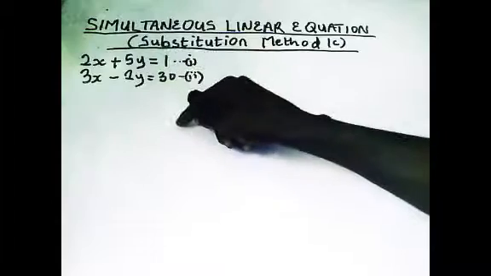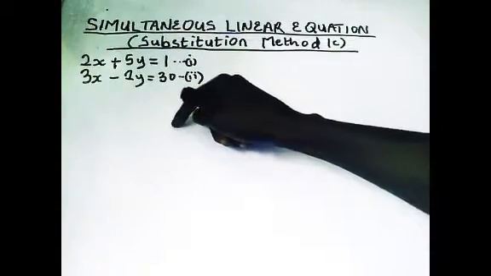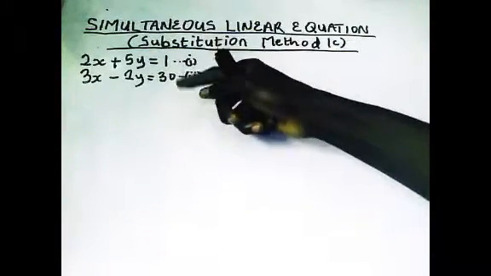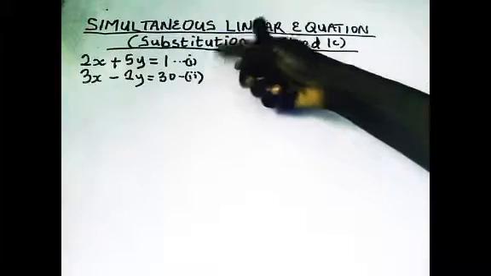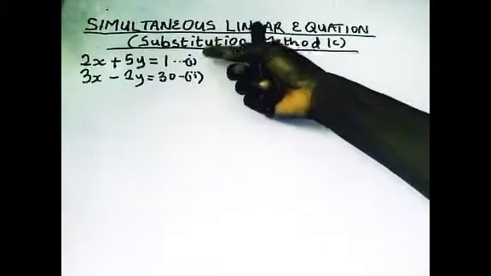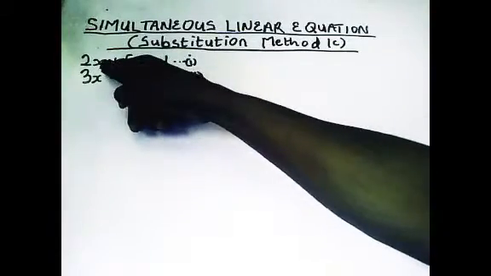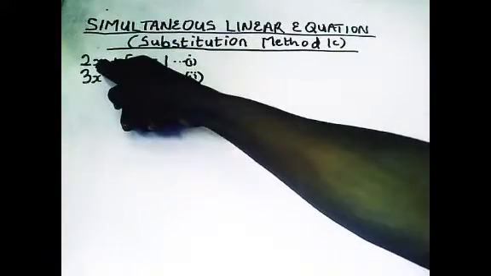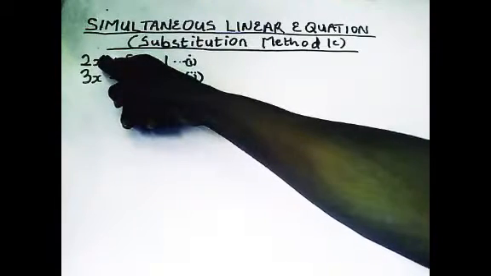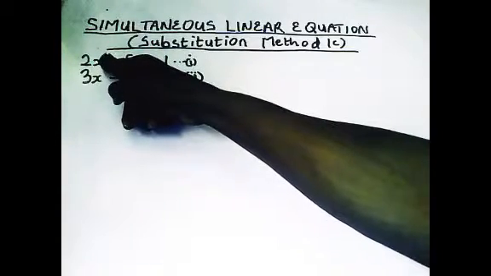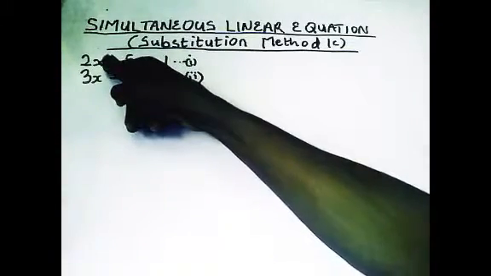So what do we do here? Like our normal step, we have to decide where to start from, either equation 1 or equation 2, and which variable to start with. In this lesson I'm going to start with equation 1, and I'm going to make my substitution for this variable x.